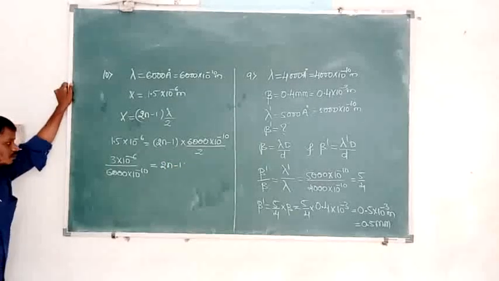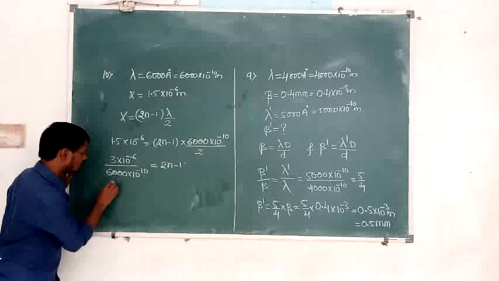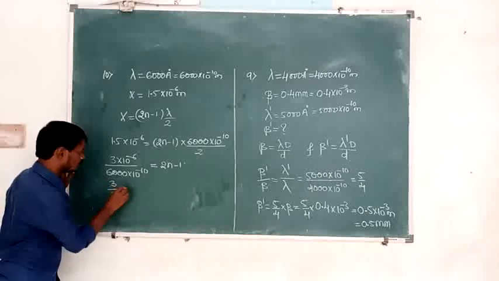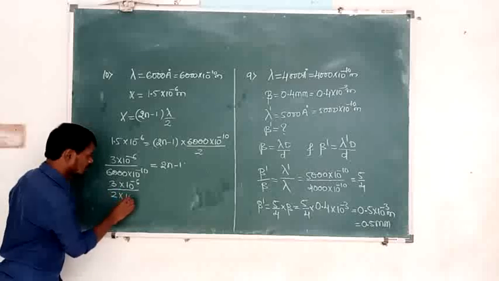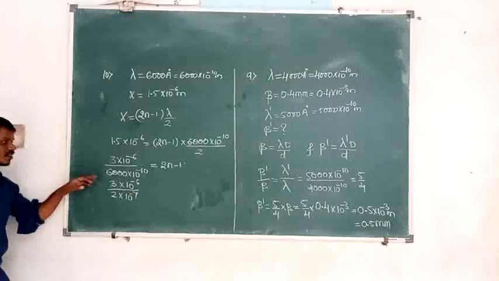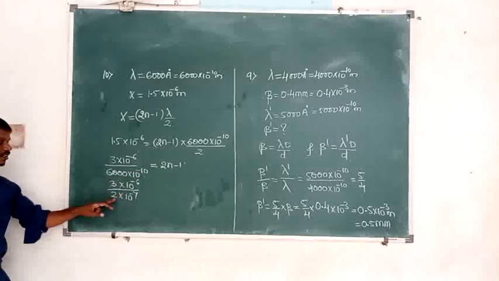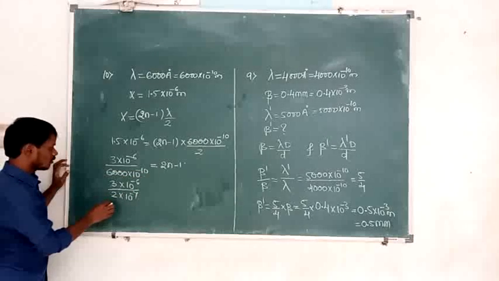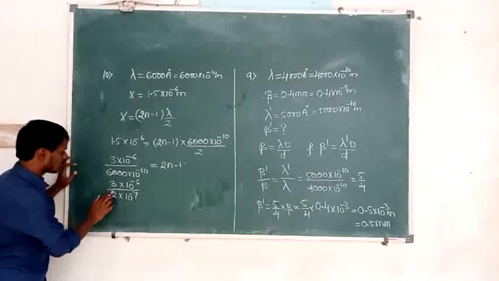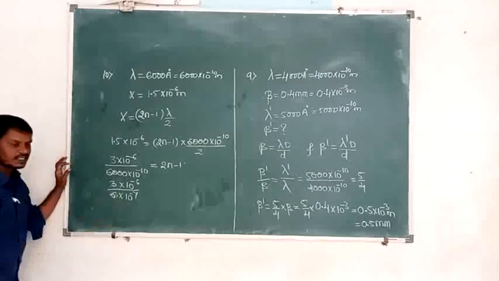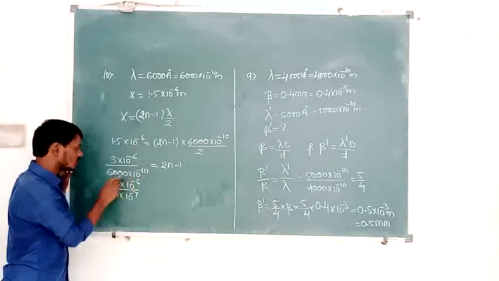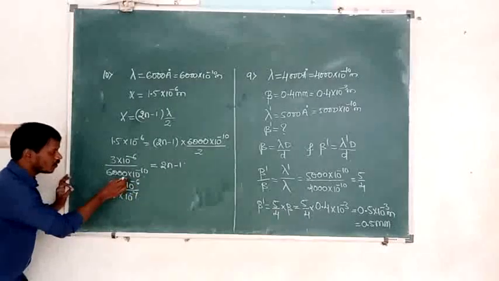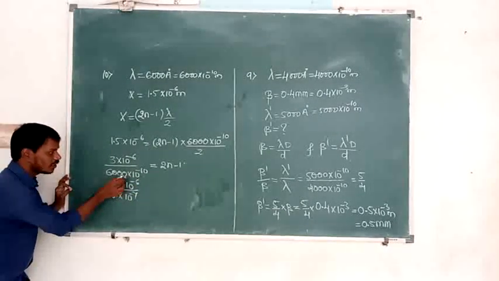Okay. So what about this one? 3 by 2 into 10 to the power of minus 6, it is into 10 to the power of minus 7. 6000 into 10 to the power of minus 10 can be written as 6 into 10 to the power of minus 7, because I will displace these 3 zeros in the left direction.